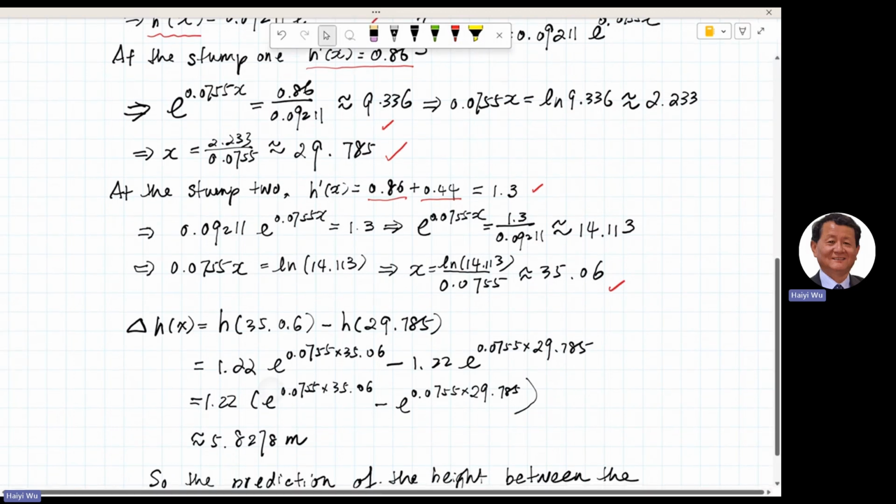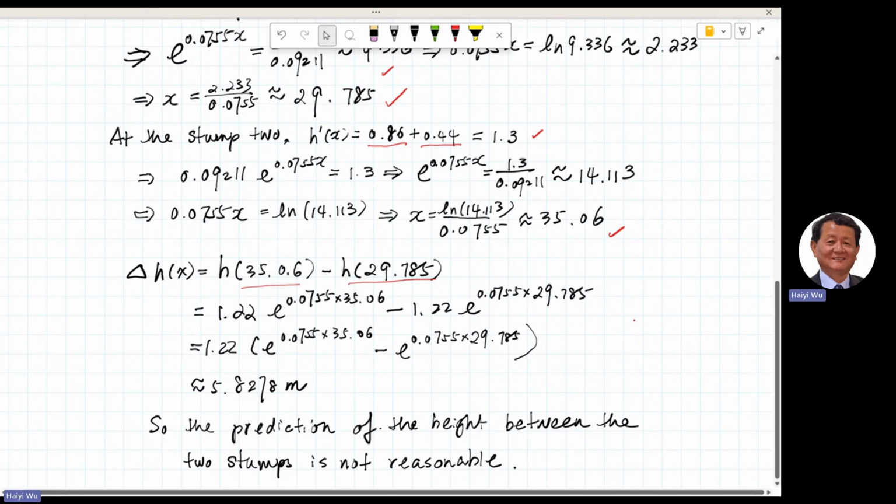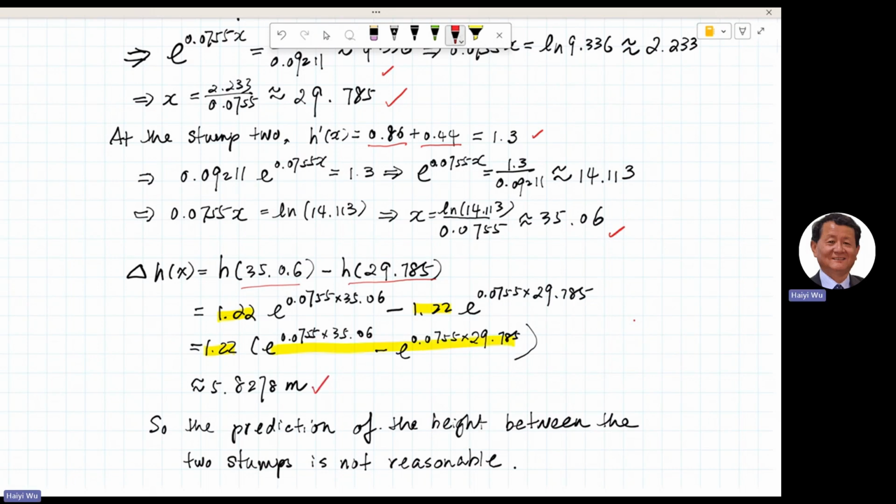Now we're going to find the difference between the two stumps' heights. I'm going to substitute those values into my h(x). It's a pretty long process, but I'll take the common factor out to reduce the calculation. So I do 1.22 times the bracket, and I end up with 5.8278.